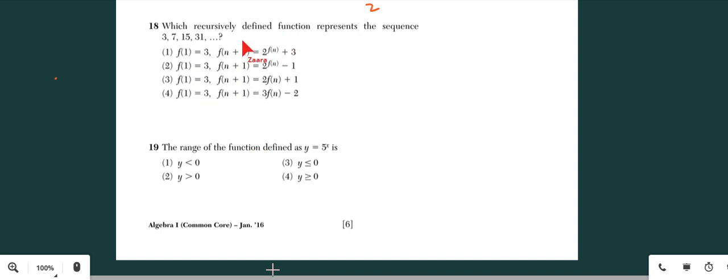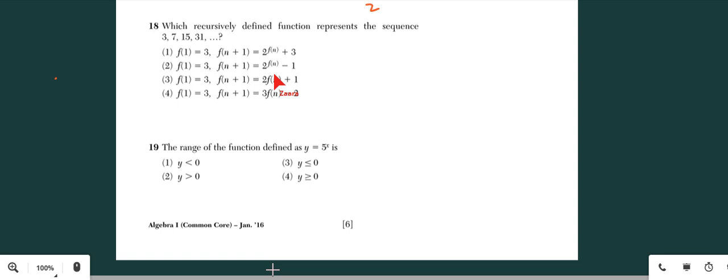Which recursively defined function represents the sequence 3, 7, 15, and 31? Look here, if we consider f of 1 to be 3, and f of n plus 1 is defined by 2 times f of n plus 3.